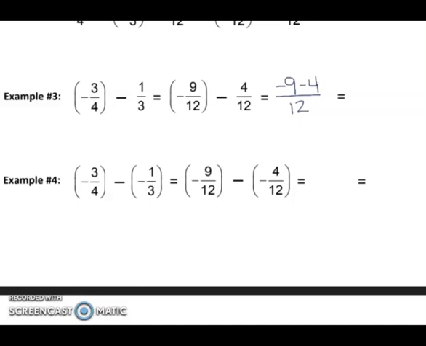Well, negative 9 minus 4, that is the same thing as negative 9 plus negative 4, which would be negative 13 over 12. Well, we just saw above that 13 over 12 was 1 1/12. So that means that negative 13 over 12 would be negative 1 1/12.